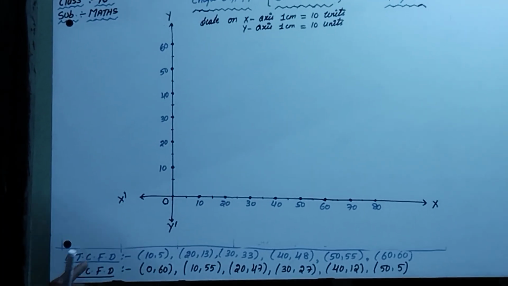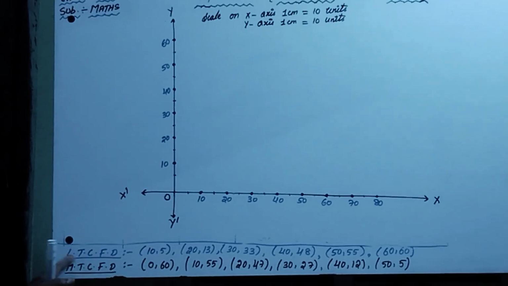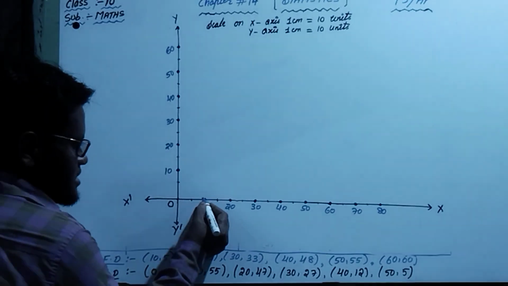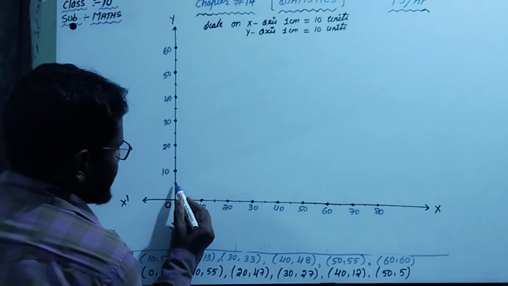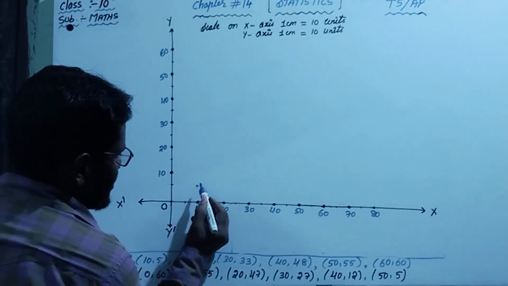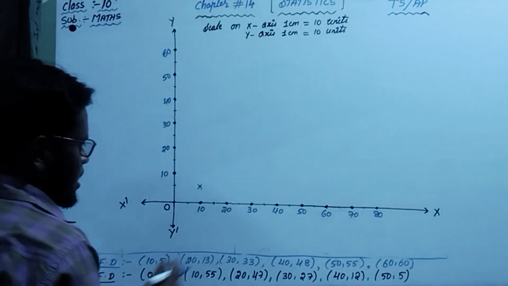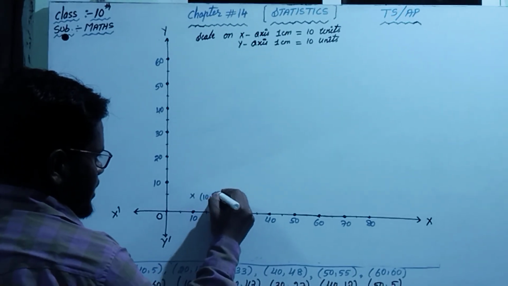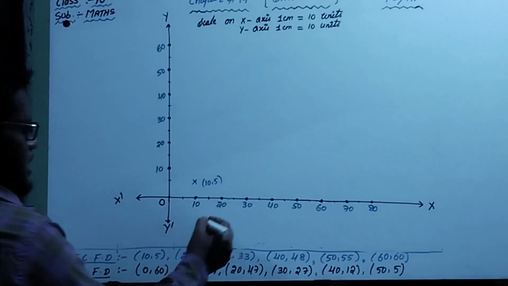Now first I am marking less than cumulative. Plot the points 10, 5. This is 10 and this is 5. The intersecting point of these two is here, 10, 5. The next point is 20, 13.